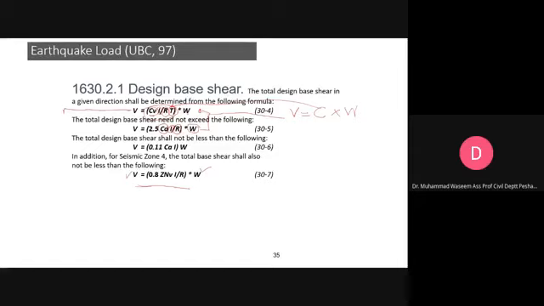Okay, now this is called the design base shear. So there is an upper bound to this base shear. This base shear should not exceed this value. Okay, and it should not be less than a particular value. Okay, and if your building is placed in zone 4, then you have to use this formulation in order to compute the design base shear.